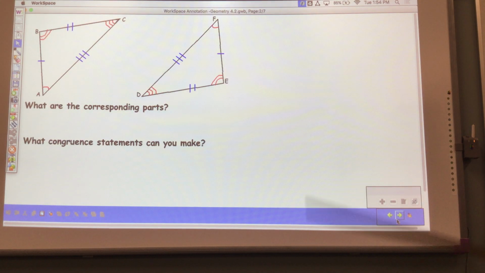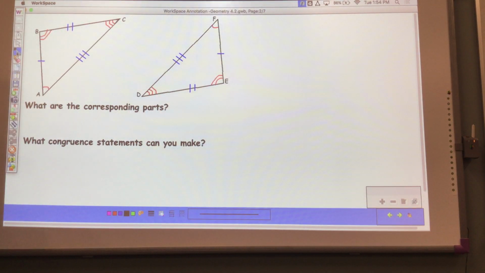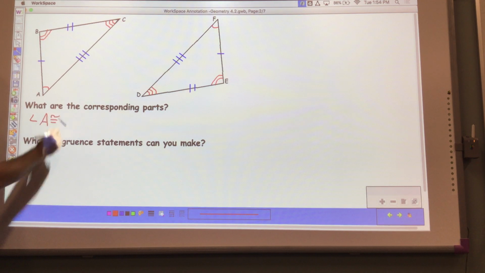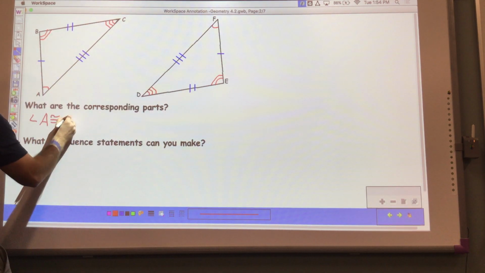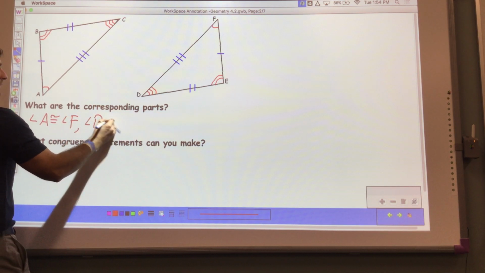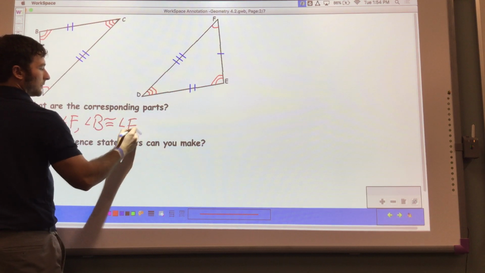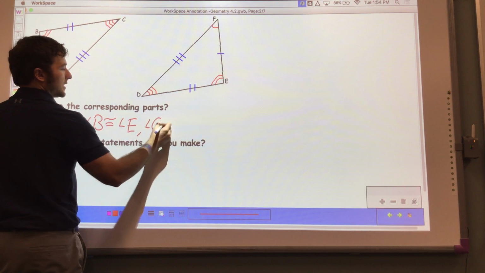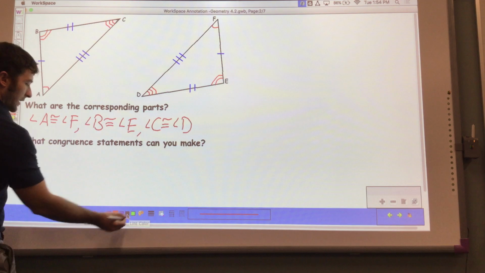So an example here says, what are the corresponding parts? Well, our parts are the angles and the segments. So angle A is congruent to angle, well, if we compare pictures, A and F. Then we can say angle B is congruent to angle E. And then so angle C is congruent to angle D. Then we got our segments.